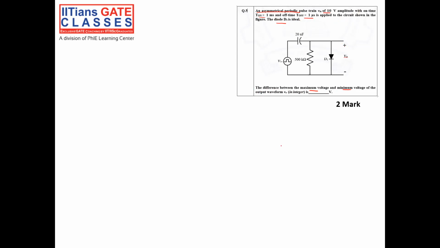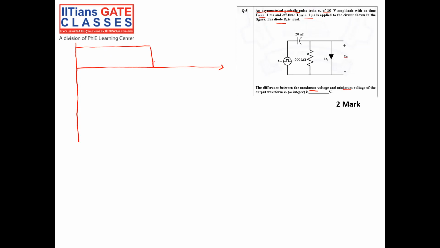Okay, so first you understand there is an input pulse. Let me draw the input pulse. What is my input pulse? It is on for 1 millisecond, off for only 1 microsecond, very, very short time, right? So it is on for a longer time, off for very small time.